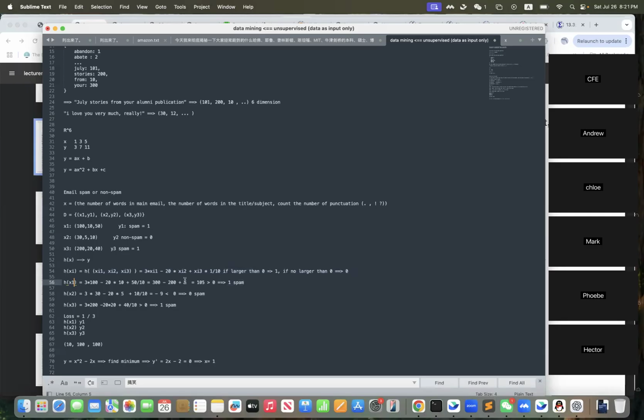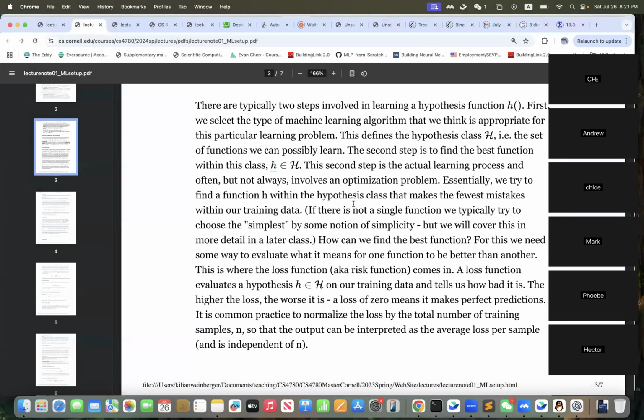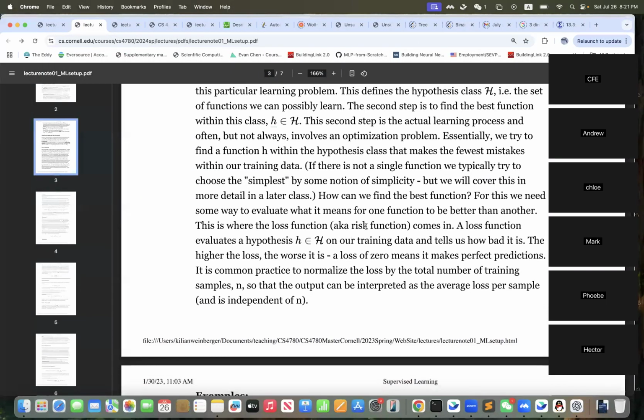We use h to make predictions and compare our predictions with the actual labels, like 1, 0, 1 are the actual labels. If we get it all correct, then the loss is zero. So we also need to see how to find the loss. This is very important stuff, so I review it again and again.